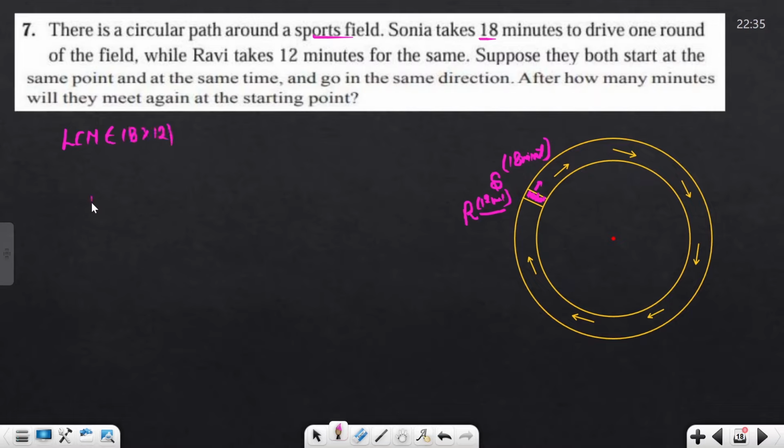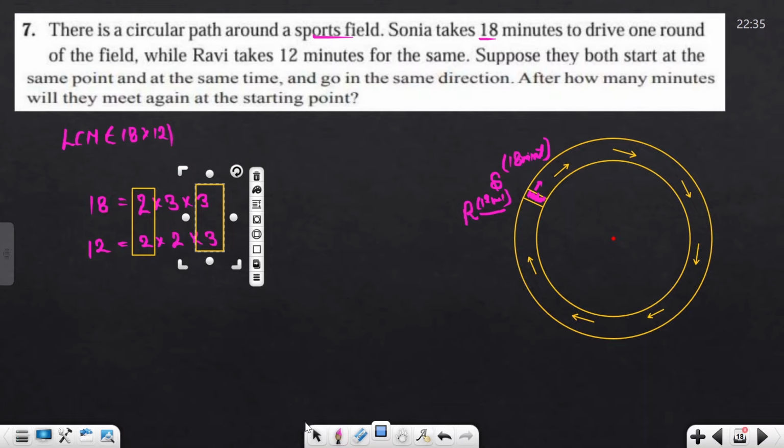Just make the factors of 18 and 12. 18 divided by 2 is 9, 9 divided by 3 is 3, 3 divided by 3 is 1. 12 divided by 2 is 6, 6 divided by 2 is 3, and 3 divided by 3 is 1. Take the common term 2, and the next common term 3. The common terms we write one time, 2 into 3.